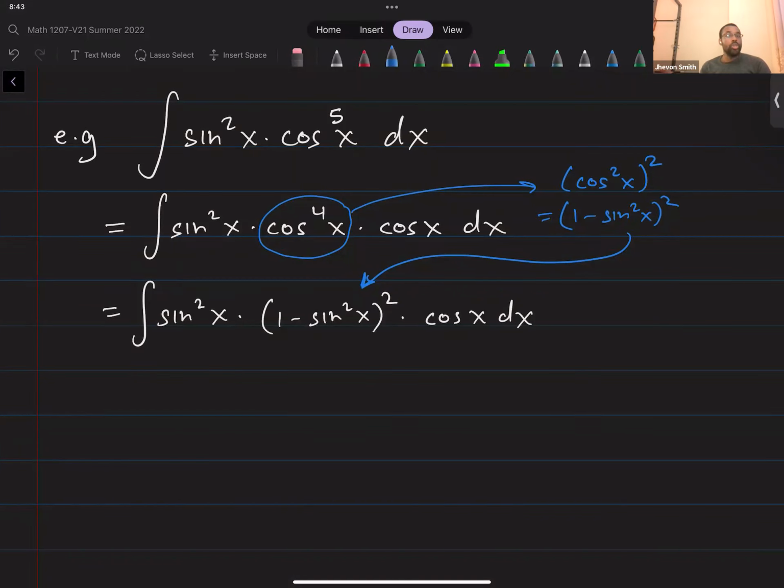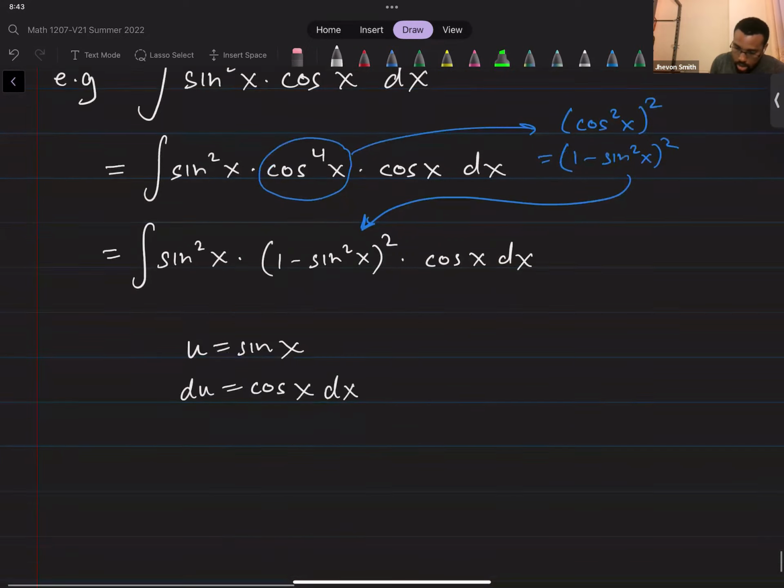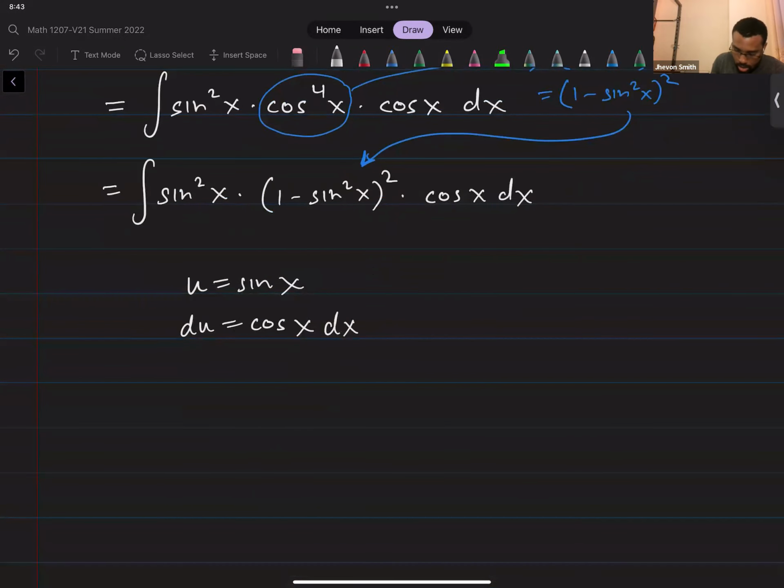And now you're going to do u equals sine. Your du is going to be that cosine. And so you end up with the integral of u squared times 1 minus u squared squared du.